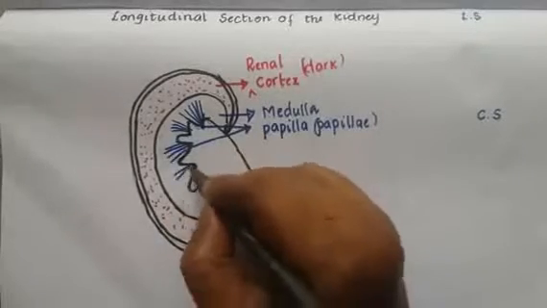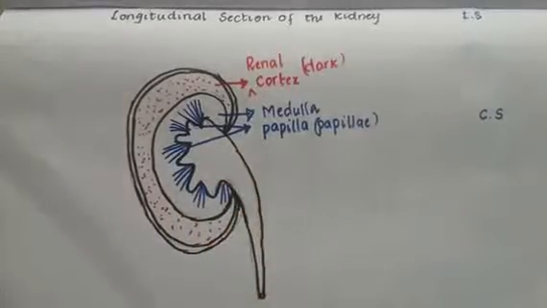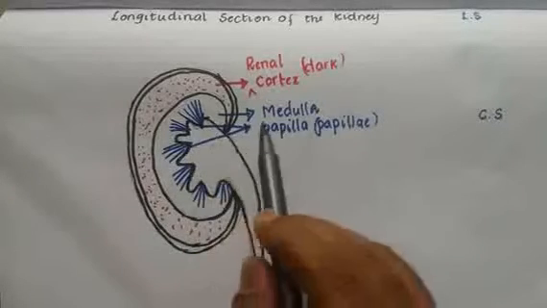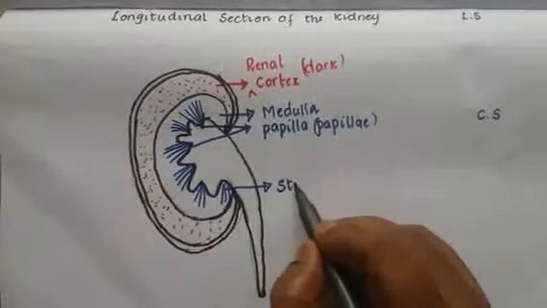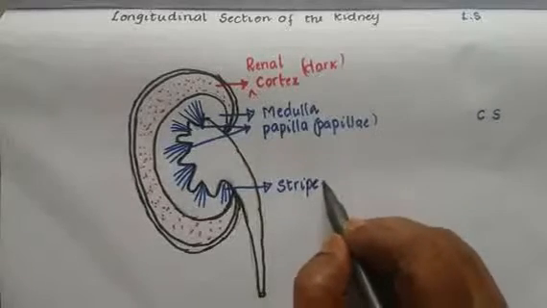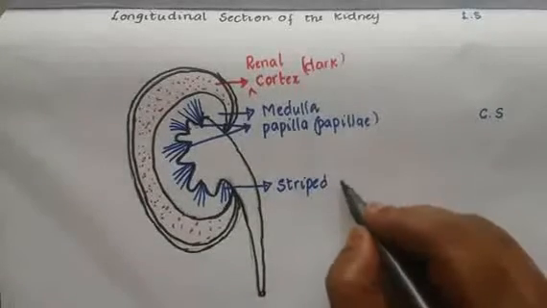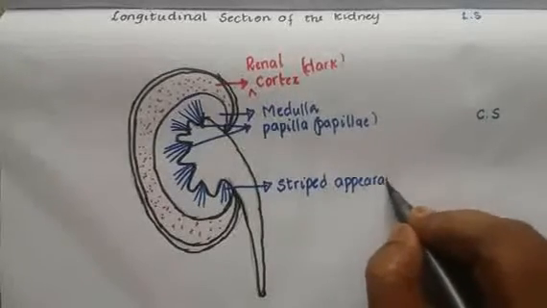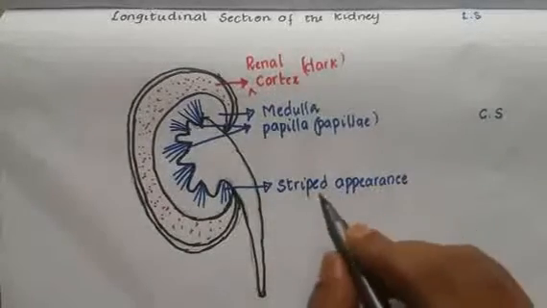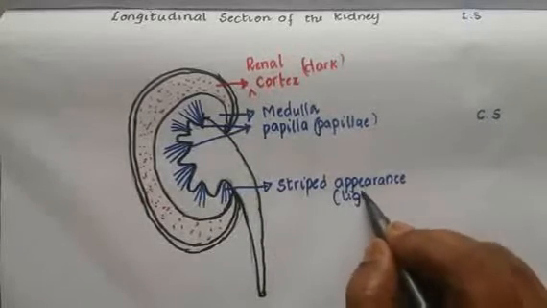It looks as though there are striations inside the medulla. So we recognize the medulla with the help of this striped appearance. Again, we find certain parts of a nephron due to which it has a striped appearance. And this part of the kidney is light in its coloration.